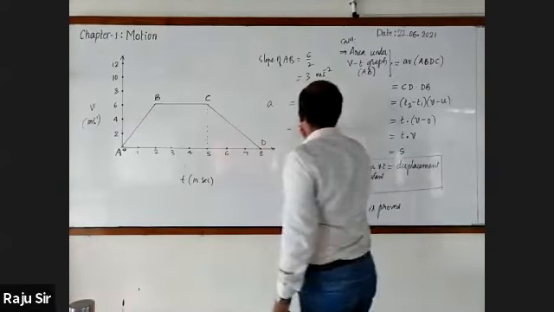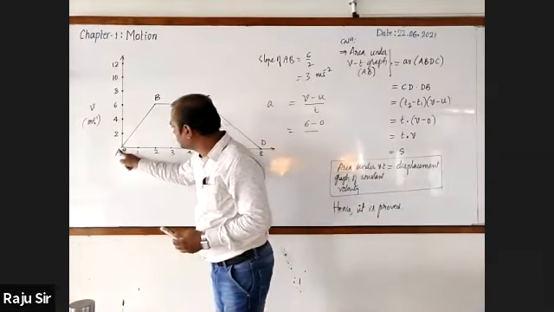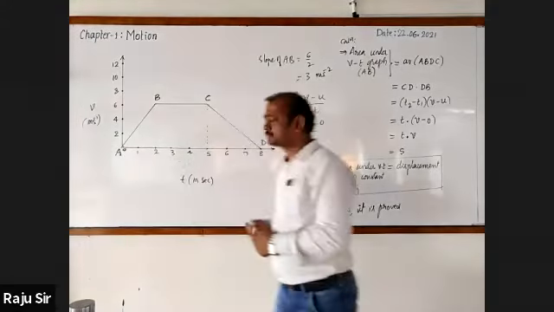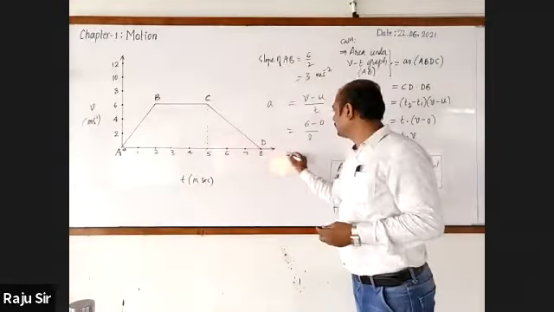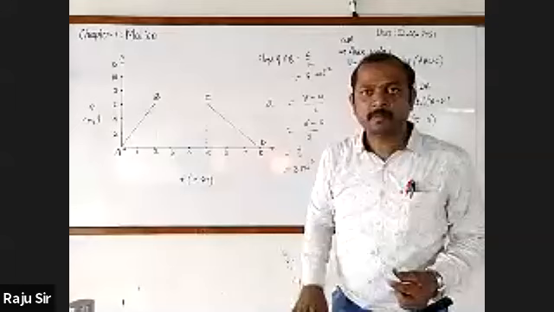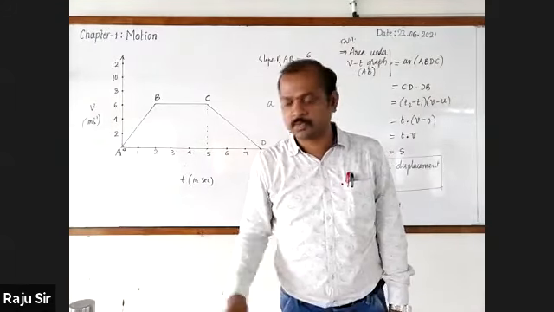So 6 minus 0, 6. That is change in velocity. To change the velocity from 0 to 6 meter per second, the body has taken 2 seconds. So 6 minus 0 by 2 is equal to 6 by 2, nothing but 3 meter per second square. Followed? Shamita? Yes, sir.